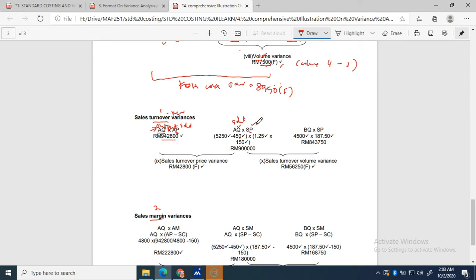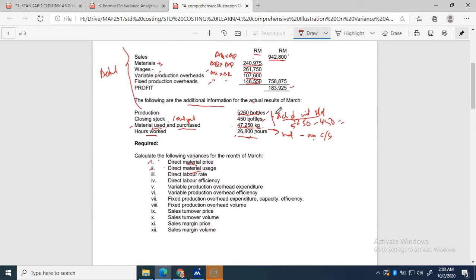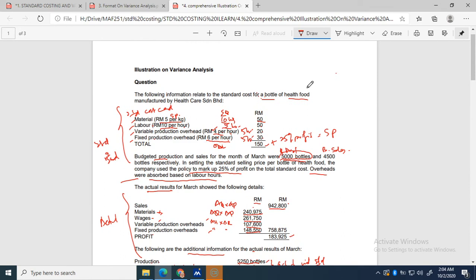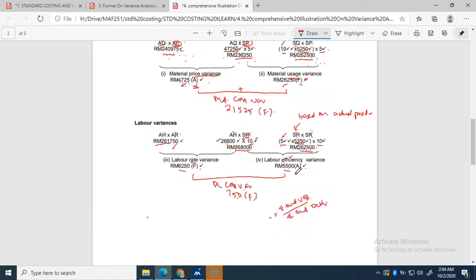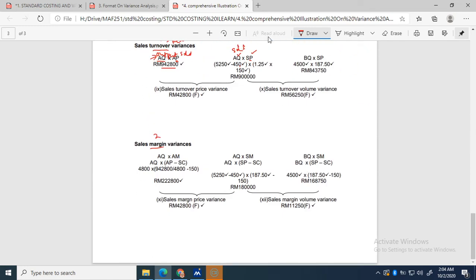This is the standard selling price. How much is it? If we refer to the question, cost 150 plus profit 25%, so the standard selling price is 1.25 times 150 ringgit, you get 187.50. So you get the total revenue here, 900,000.